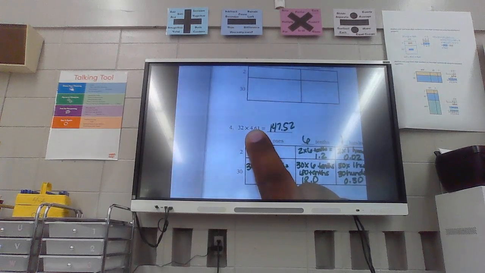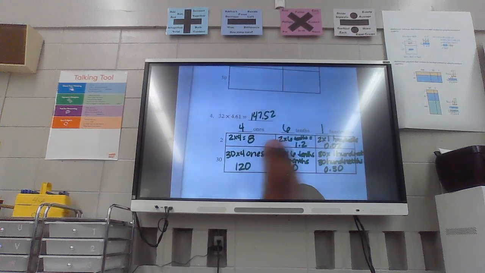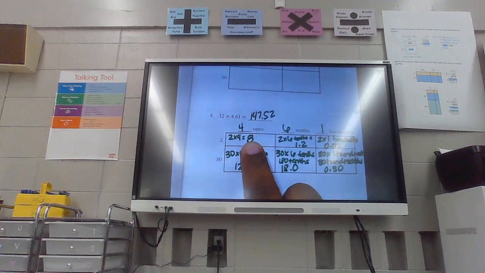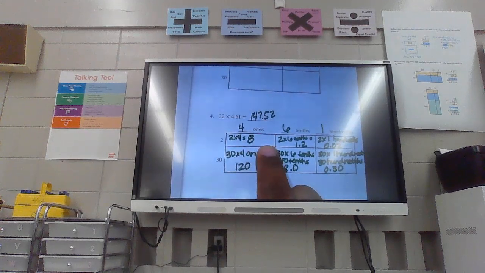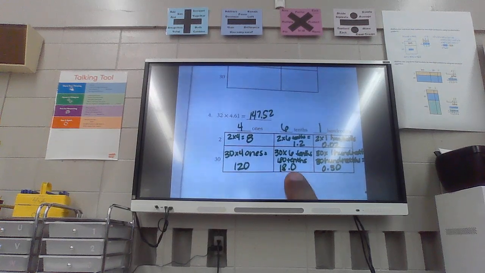So since I know that my answer ends in the hundreds place, I can go in and make sure that each one of my answers over here end in what? The hundreds place. I can add that decimal and 2 zeros. I can add a 0 here. I can add a decimal and 2 zeros. I can add a 0 here.